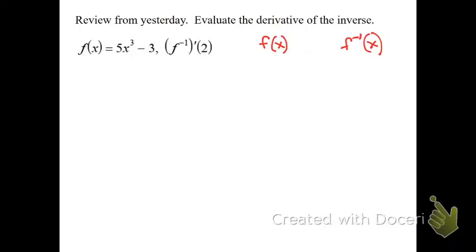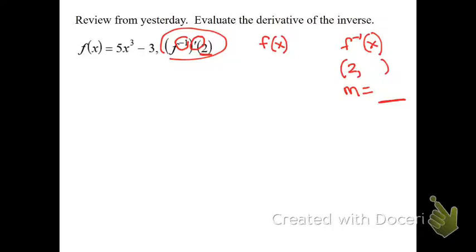Okay, so in this question, you have to recognize that that's an inverse, and this is an x-coordinate, because it's always f of x, but that's the x-coordinate on the inverse. And I know because of this symbol that what they really want is the slope there. This is the question I'm trying to answer.